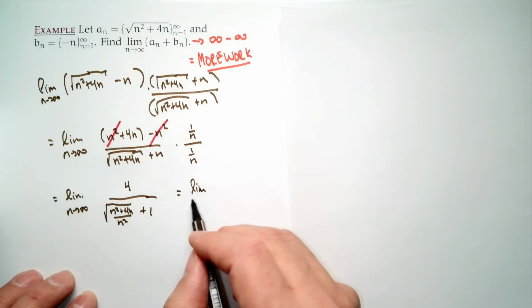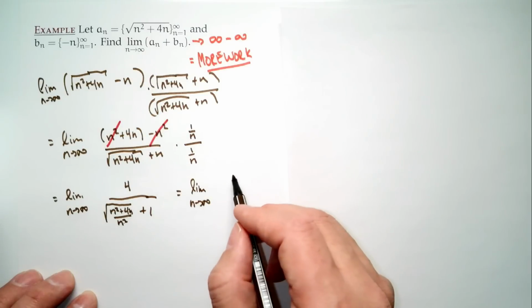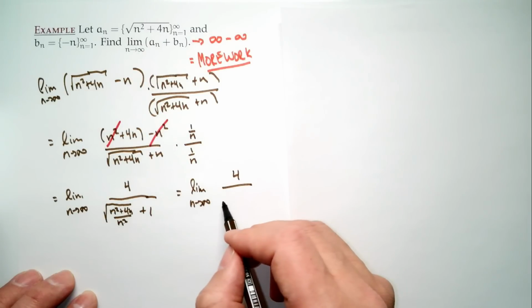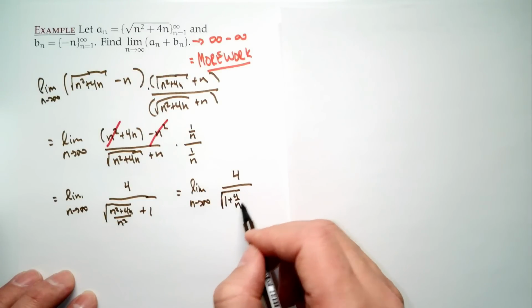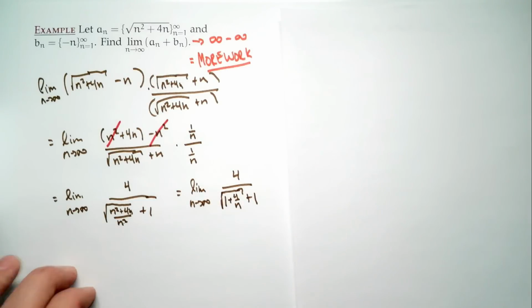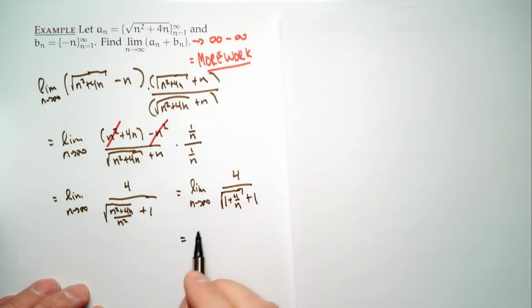And if you clean that up, lo and behold, you have 4 over the square root of 1 plus 4 over n, plus 1. So we slowed it down. Now we ask the question, what happens as we go to infinity? What happens to the top? Yeah, it's 4. It's constant. What happens downstairs?